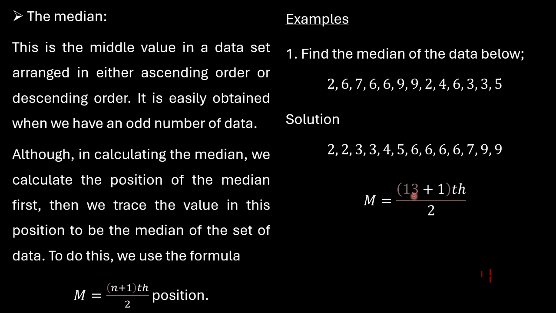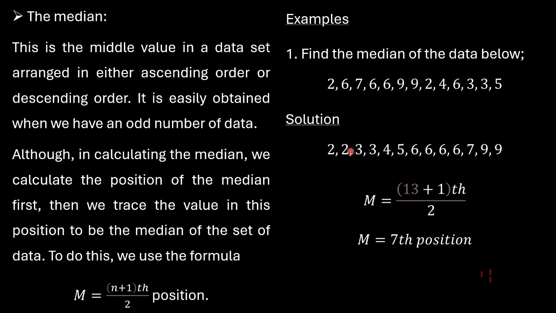Then that means n is 13 for this data. Now we add 1 and divide the result by 2. That will be 14 divided by 2 and the answer will be 7. So we have our median to be the number in the 7th position.